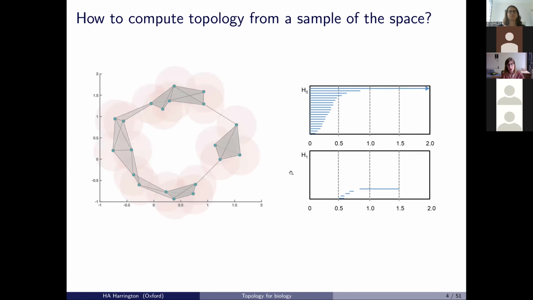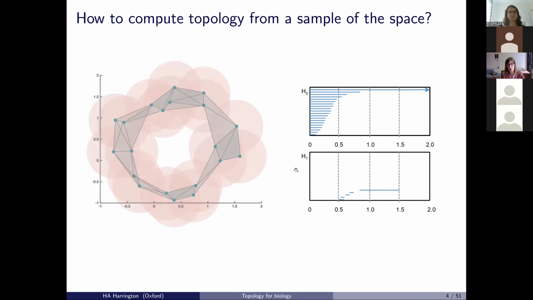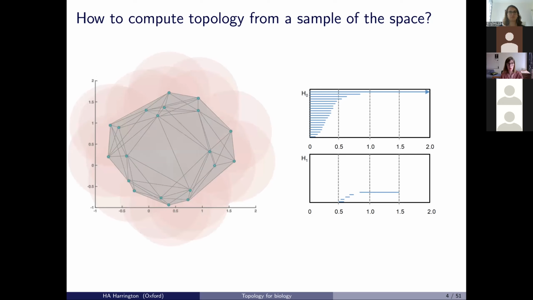And finally, by squinting at the data, we can see that there's a one-dimensional hole, a loop, and that persists over a long parameter range. And then when epsilon gets so large, this hole completely gets filled in, and we only have one connected component, which is an infinite feature.